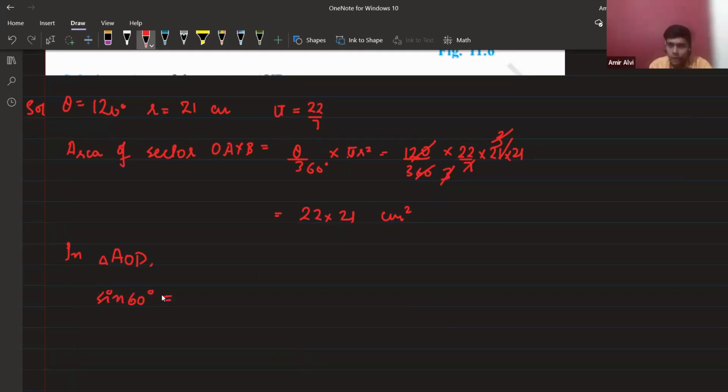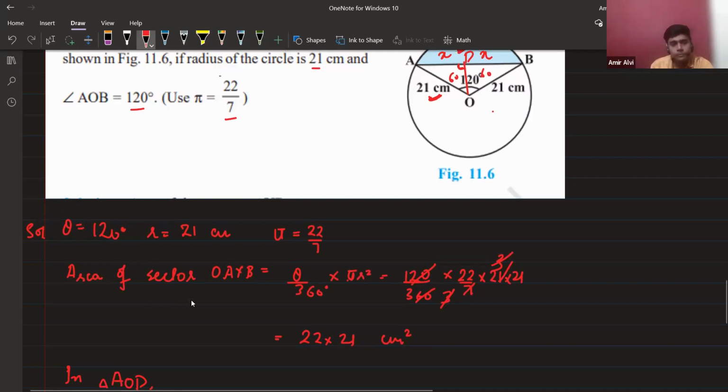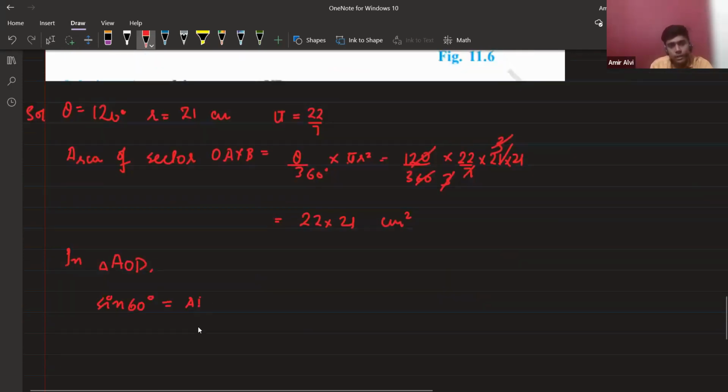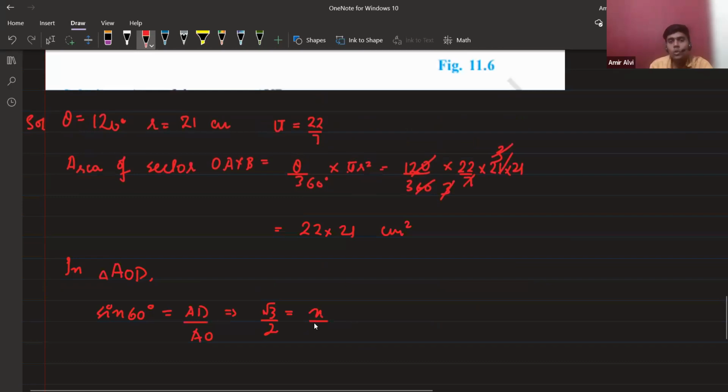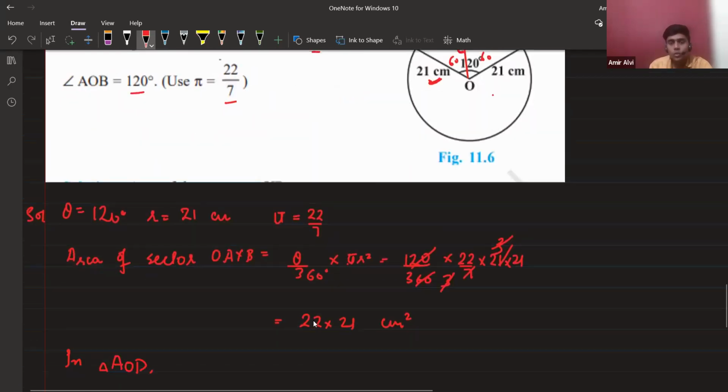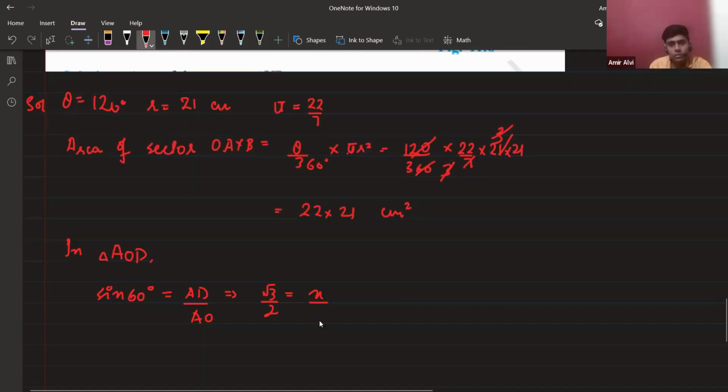So sine 60 is equal to AD by AO. Sine 60 is root 3 by 2, equal to AD, which is x, by AO, which is 21. So x will be 21 root 3 by 2 centimeter.